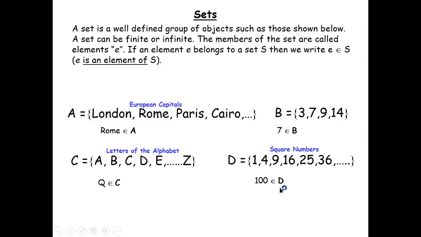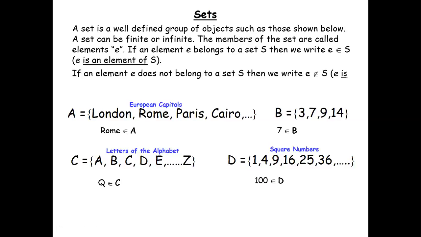And here, 100 is an element of D. And then, as we said, if an element does not belong to a set, we write it in the fashion we saw yesterday.